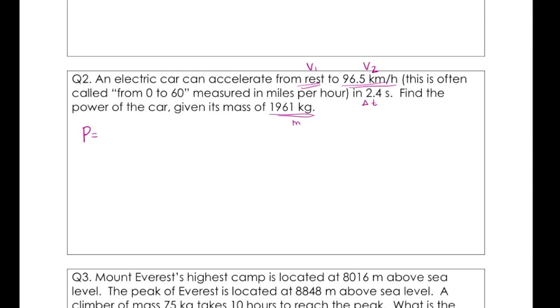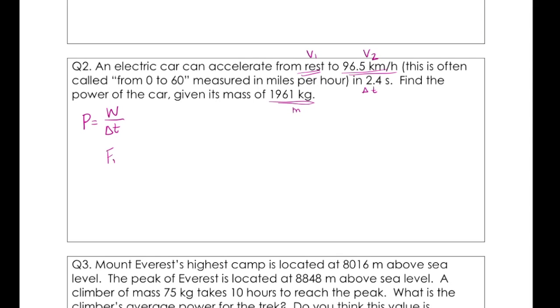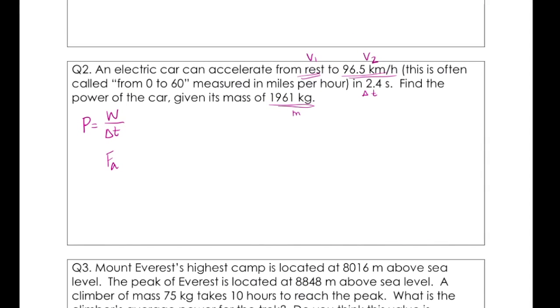Remember, power is work over delta T. If we plug in for work, we have the applied force times delta D times cosine of theta, over delta T. But they don't give us F applied and they don't give us delta D. Remember that force is equal to mass times acceleration, where acceleration is V2 minus V1 over change in time.